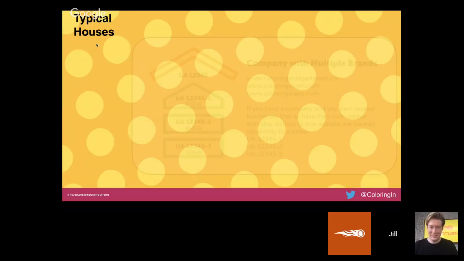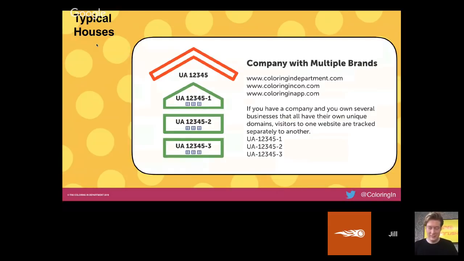You've then got people that have brands with multiple websites that absolutely sit independent of each other. So if we have a separate website for a different business, which is for a conference, and we've got another one for an app, whatever, same account settings, but then we've just got UA 1, 2, 3, 4, 5 -1, -2, -3, because as a company, you can own several businesses that all have their own unique domains, and visitors to these websites are tracked separately to each other, but they still live under the same roof.